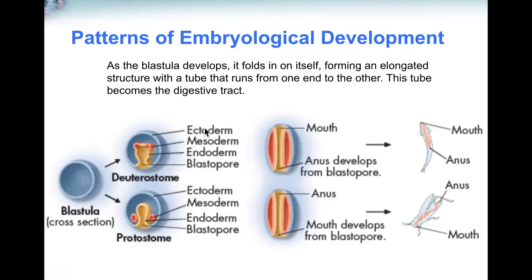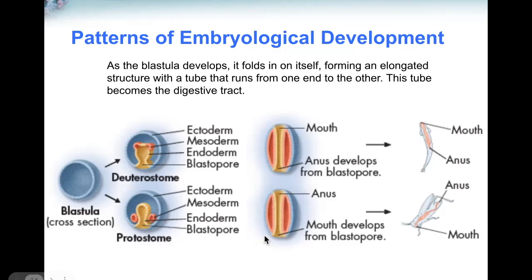Deuterostome: the ectoderm, mesoderm, the top. Protostome: the ectoderm, mesoderm, the mouth is at the top. In the deuterostome, the anus develops from the blastopore, so the mouth and the anus on this fish.